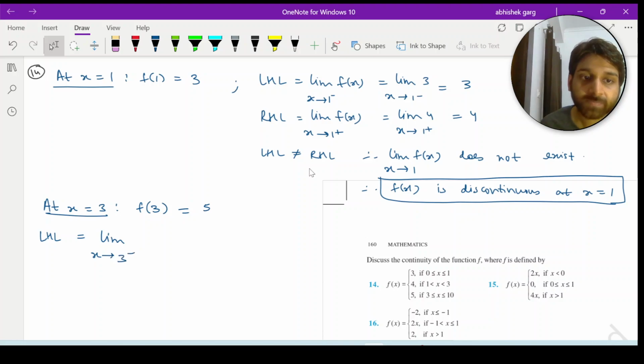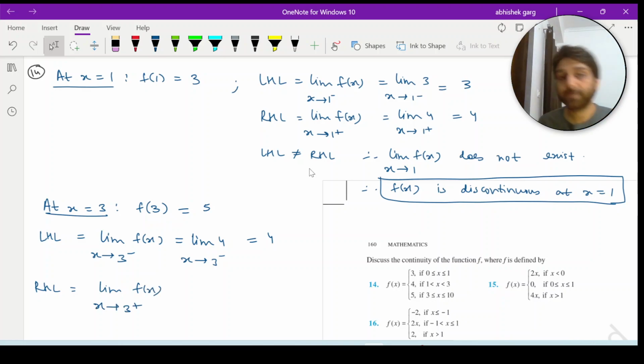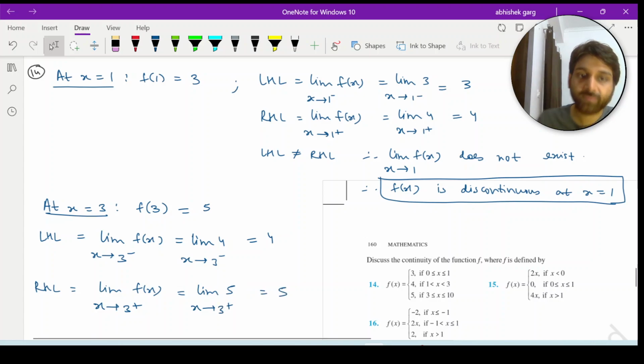We can see here that when x is less than 3, the function's value is equal to 4. So this means that the left hand limit is equal to 4. What about the right hand limit? Right hand limit means the value of x is going to be slightly greater than 3. When x is greater than 3, the value of this function is equal to 5. So this comes out to be equal to 5.